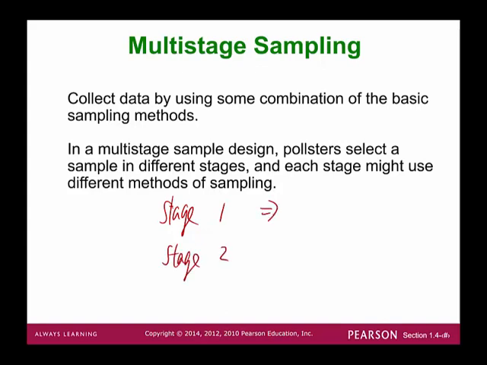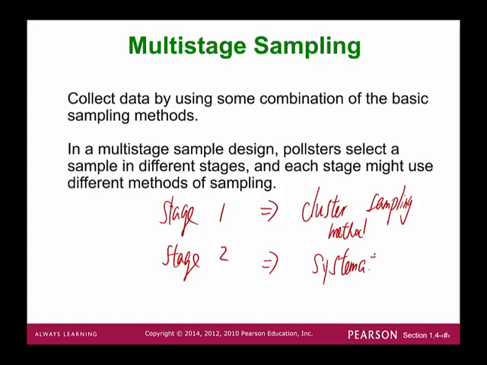For example, at stage 1, you could pick the cluster sampling method, and maybe at stage 2, you pick the systematic sampling method, depending on the need.